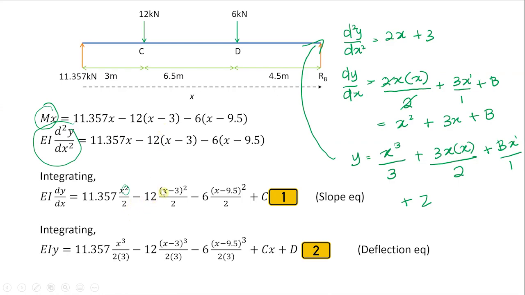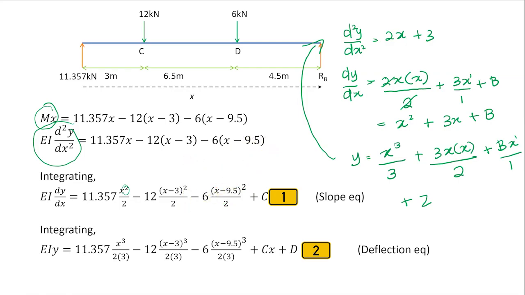Same, and then x minus 3, multiplied by x minus 3, because this is in brackets. You don't need to expand it; just leave it in brackets like this when you integrate. So x minus 3 times x minus 3 becomes power 2 here, so x minus 3 to the power of 2, and the 2 is brought down here.